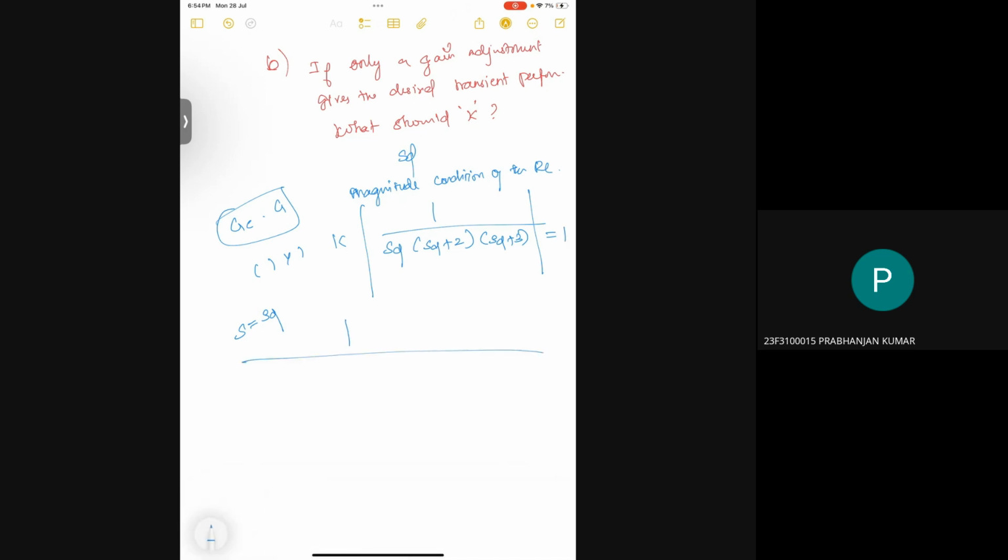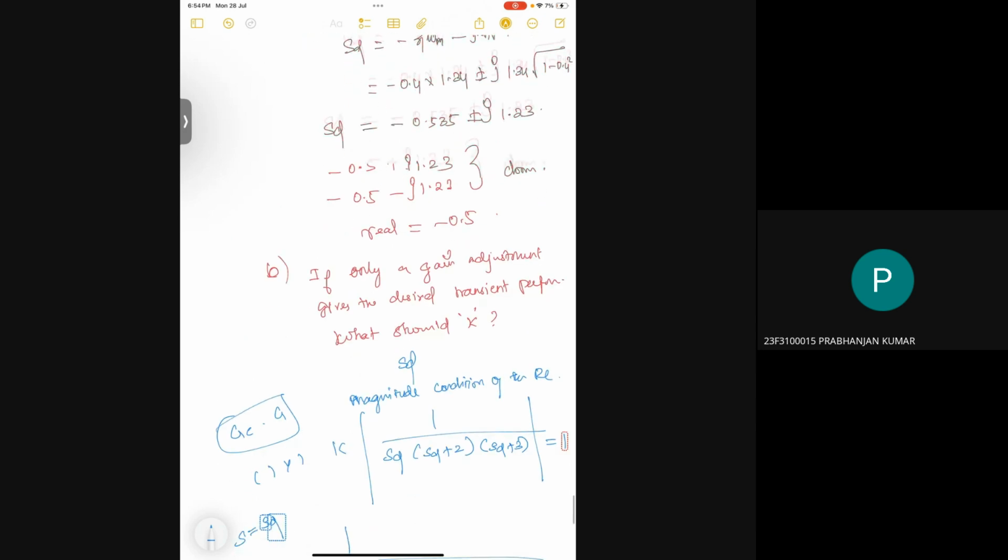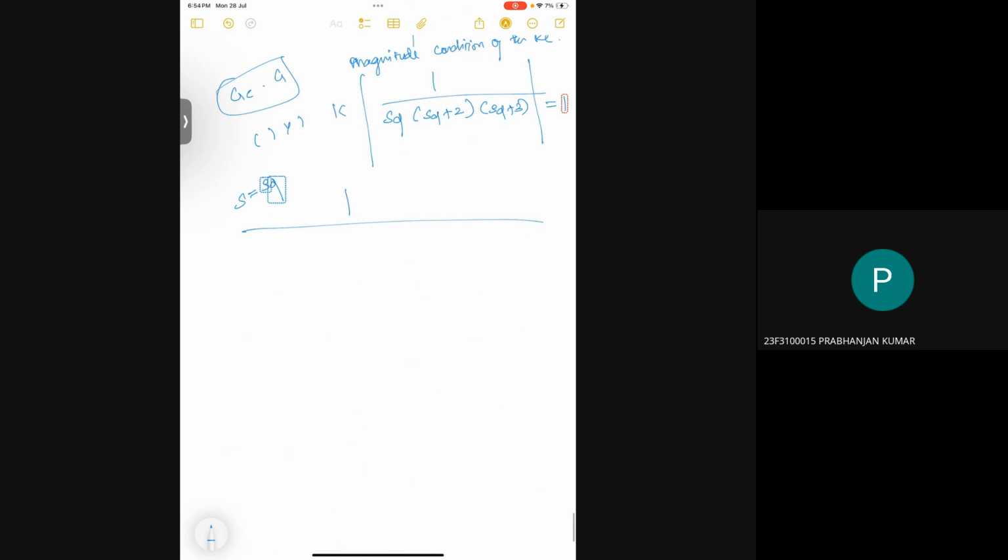One by K value is 0.5 minus 0.5 j 1.23, right? So this will be K into minus 0.5 plus j 1.23 plus 2.